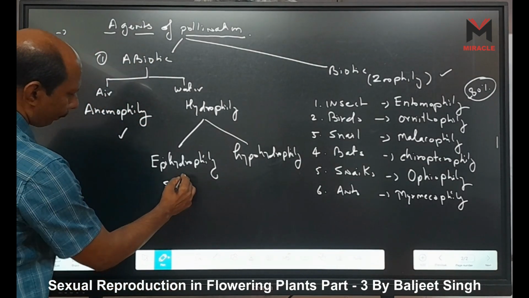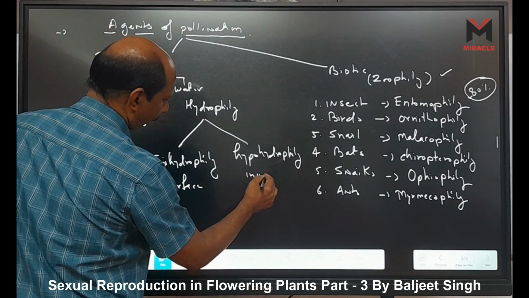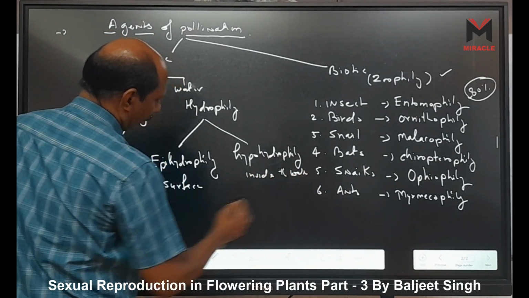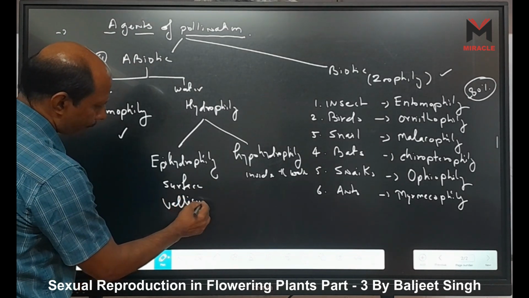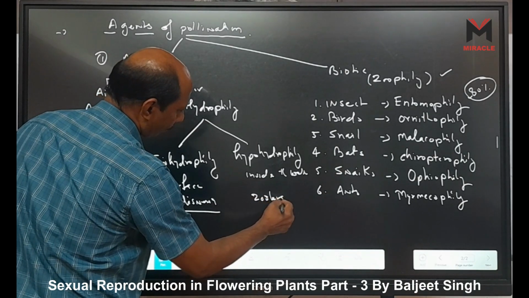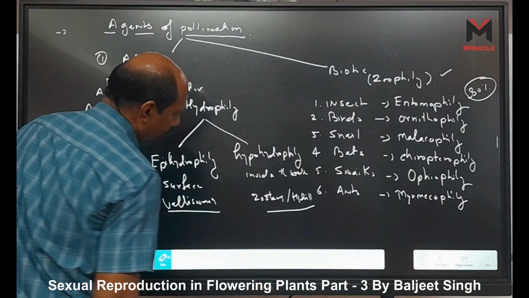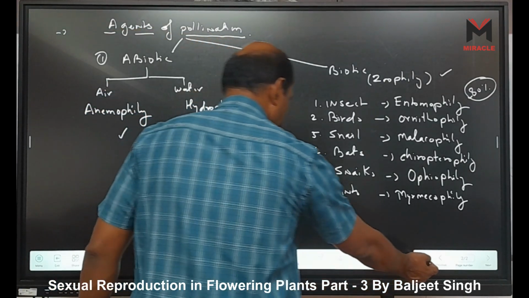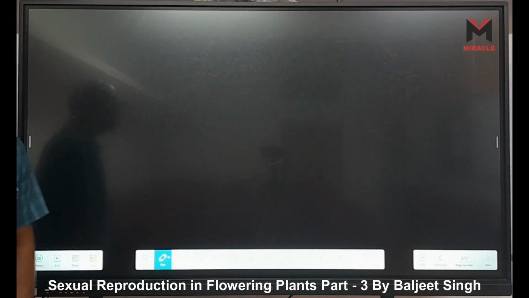One is on the surface of the water and the other is inside the water. The example in NCERT is Vallisneria, and another example is Zostera. Another example is Hydrilla. It is given in NCERT, so I write it here, right? Okay. Now come to some special types of pollination, right?